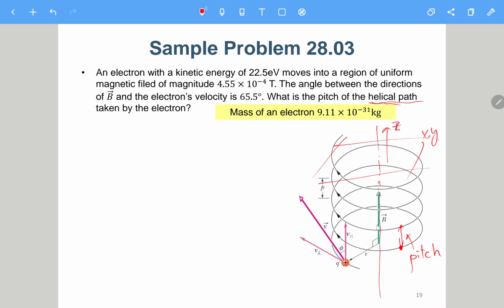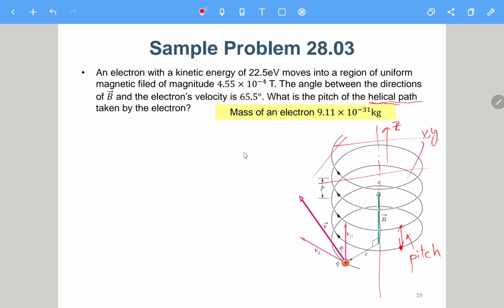So the XY plane is a circular motion, and the Z direction is a uniform speed movement. So it will be like moving up like this. It is hard to draw, but at least if you see this one, you can imagine it is like a helix line moving up like this.